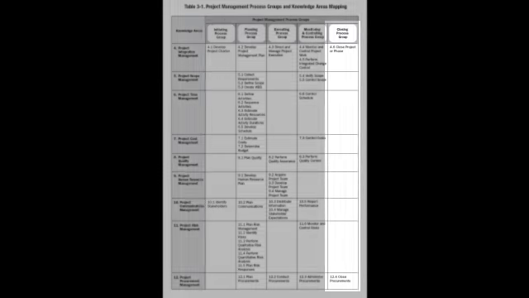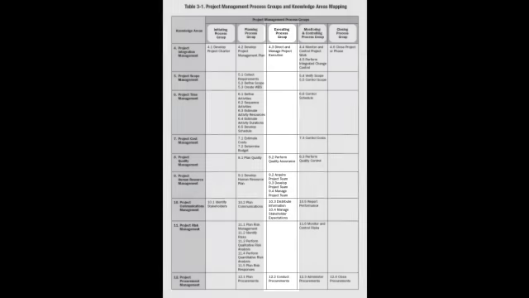The same is true with the closing process group, which makes up 9%. That means you want to make sure you know the 4 processes very well so you can get the 20% of the exam correctly.